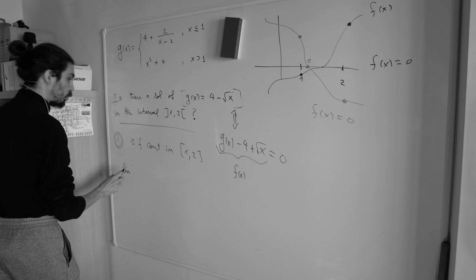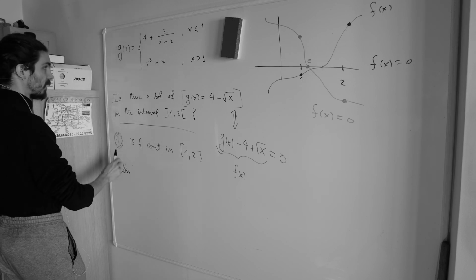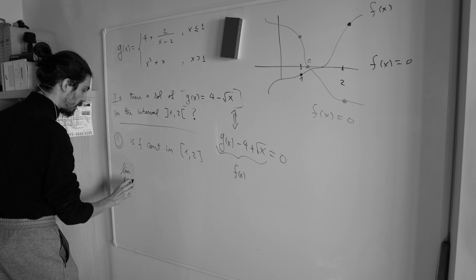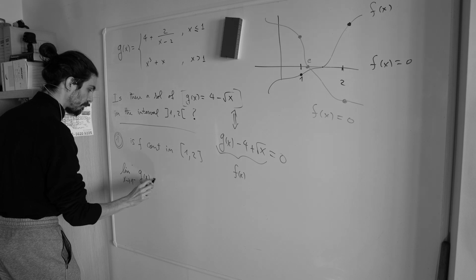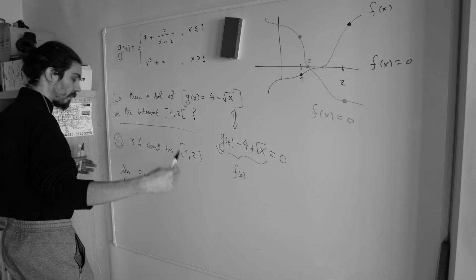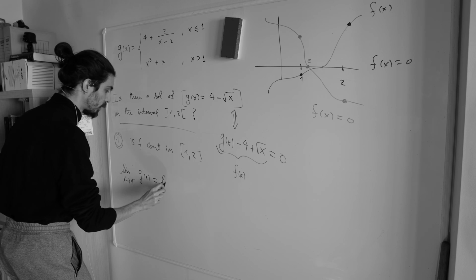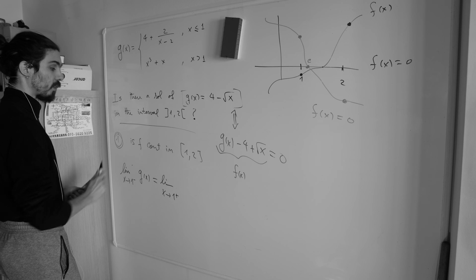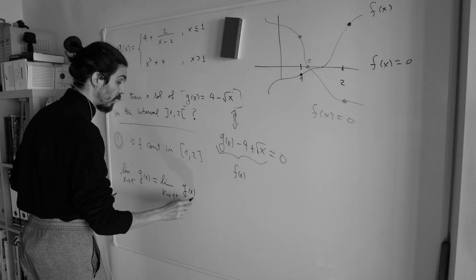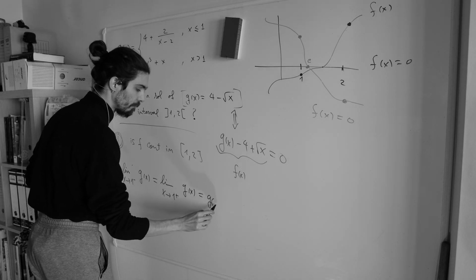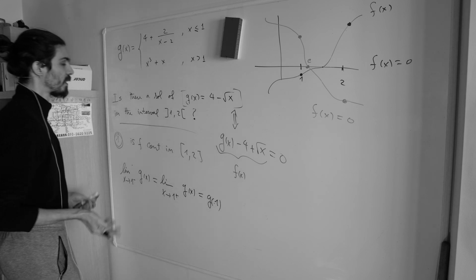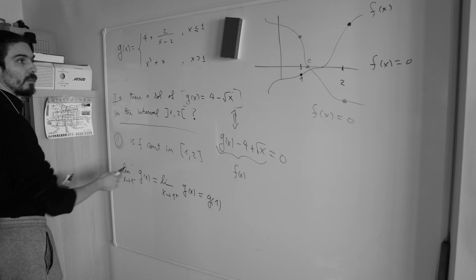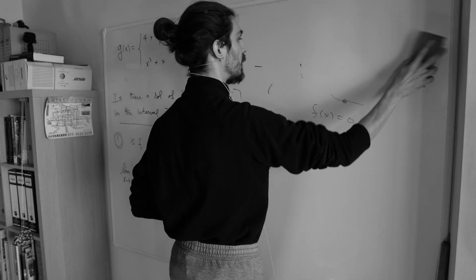To say that g of x is continuous at 1 means that the limit of g of x when x approaches 1 from the left is equal to the limit when x approaches 1 from the right, which is in turn equal to g of 1 itself. So we have 3 things to compute. They are quite easy, so let's do it.